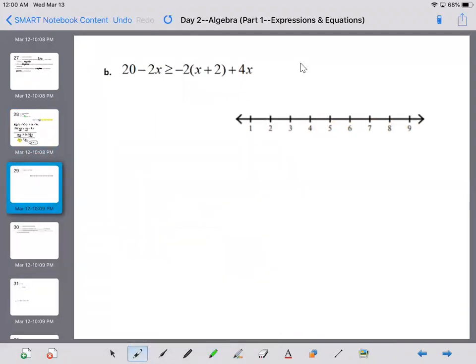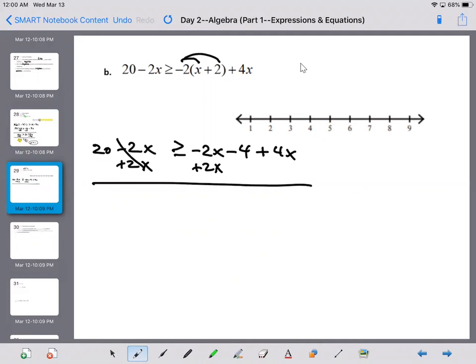So with this one, I see the parentheses, so I want to go ahead and distribute. So that's going to be negative 2x minus 4 plus 4x. And on the left side, I have 20 take away 2x. So I want to try to get my variables on one side. So I'm going to add the 2x here.